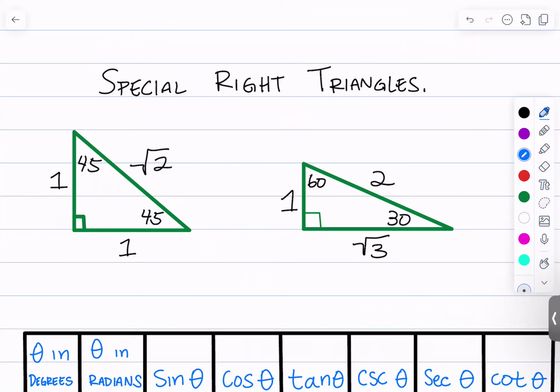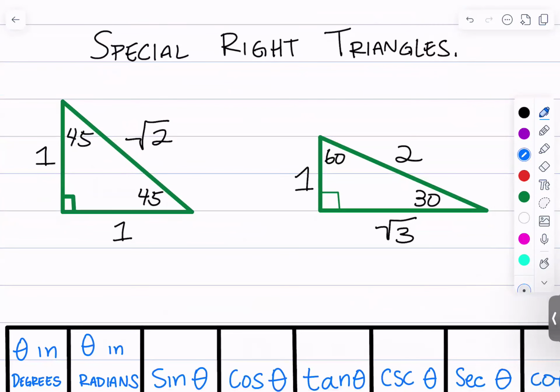When we learn some harder, more difficult things to understand, we can always relate it back to these two triangles. In particular, the unit circle, which we'll cover in a little bit. So if you learn anything today, memorize these two triangles and the ratio of the sides.